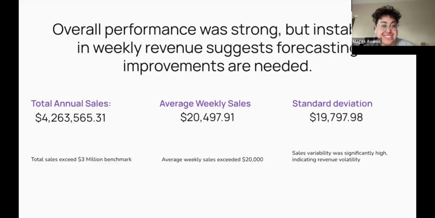In conclusion, sales exceeded the 3 million annual benchmark and the 20,000 weekly benchmark. However, the high standard deviation indicates substantial volatility, which tells executives that forecasting and stabilization strategies are necessary.